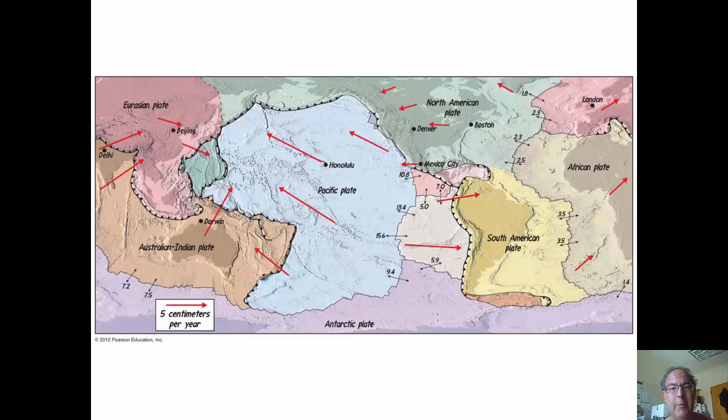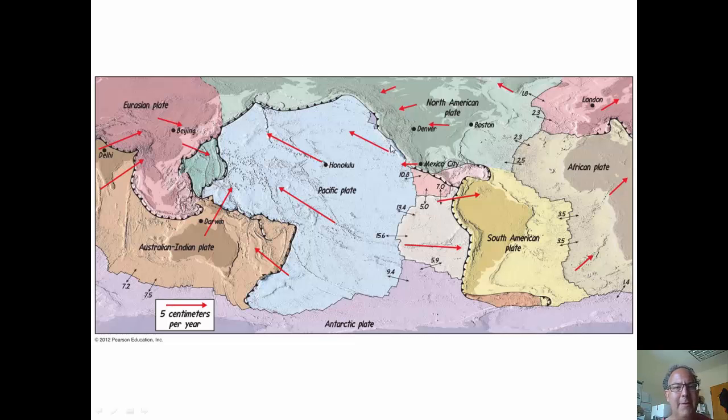Also, the North American plate includes a big amount of seafloor underneath the western part of the Atlantic Ocean. All of this right here, seafloor, is part of the North American plate, but it's not part of the North American continent. So, continents, plates, not the same thing.